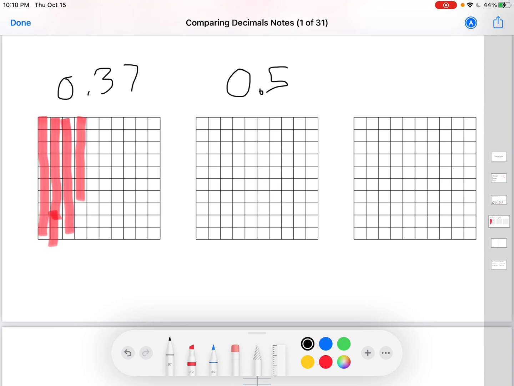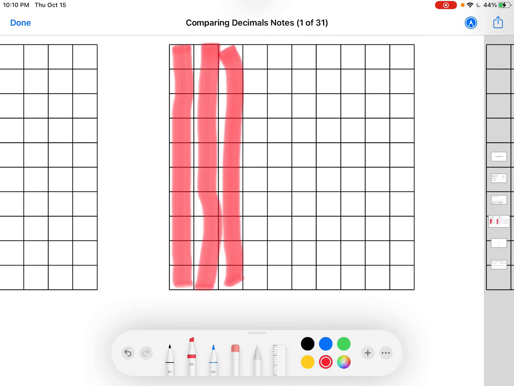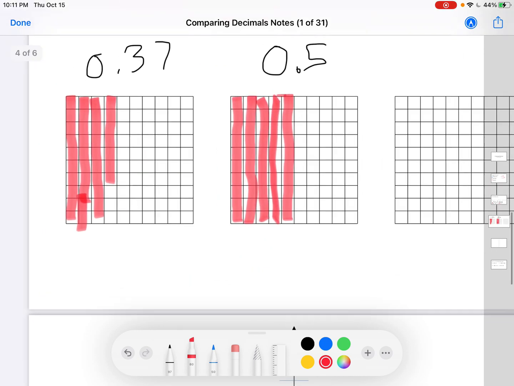Which one do you think is bigger? Is 37 hundredths bigger or 5 tenths bigger? I have had students tell me that 0.37 is bigger because 37 is certainly more than 5. But let's see if that's true. The 5 is in the tenths place, so I'm going to shade in 5 tenths. 1, 2, 3, 4, 5.